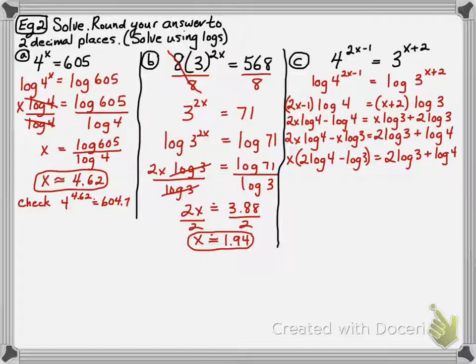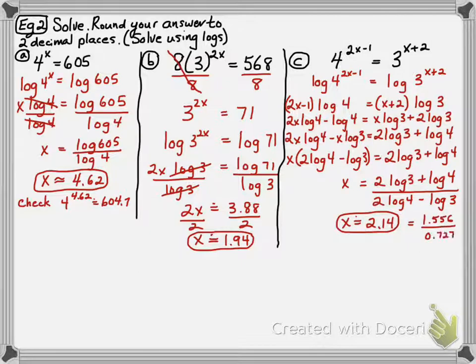Now at this point, I can divide both sides by 2 log 4 minus log 3. Using my calculator to evaluate that, I'm going to get x equals approximately 2.14. The top will simplify into 1.556 and the bottom simplifies into 0.727.